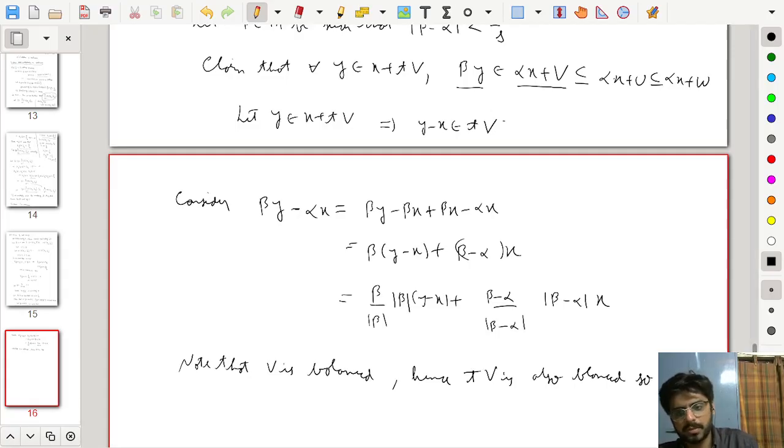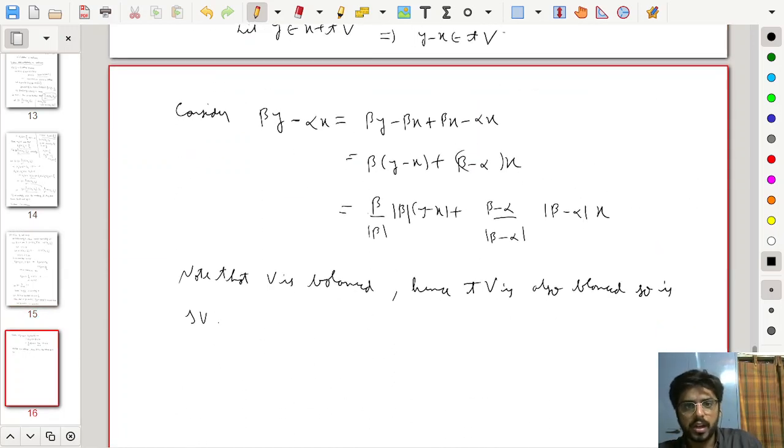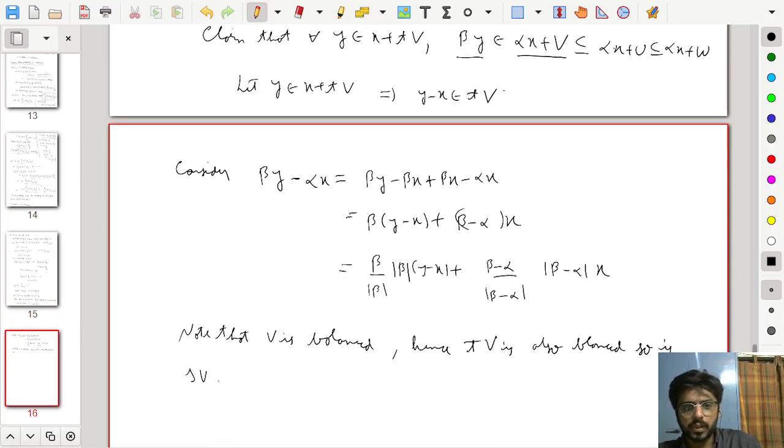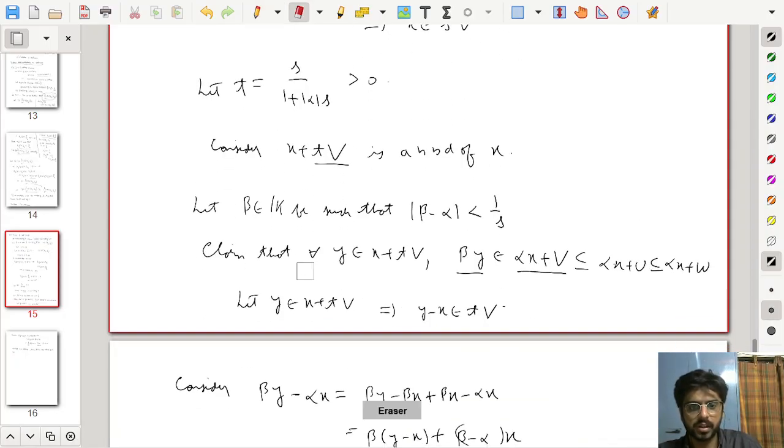So is s times V. t times V and s times V are both balanced. You can easily show that. It's not that hard. And y minus x belongs to t times V, right here.